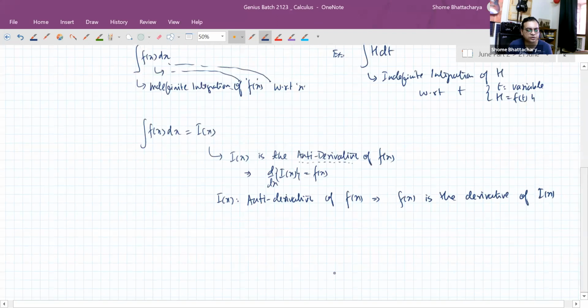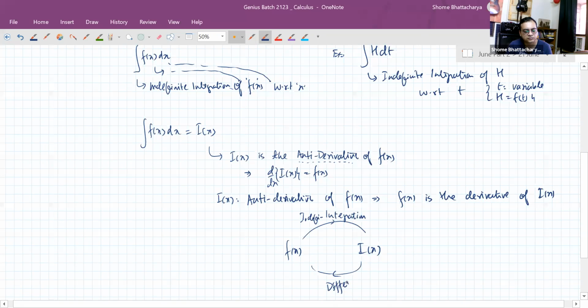So basically, we are talking about two functions which are related in such a way that this is integration, indefinite integration of course, and this is differentiation. That is how the two are linked to each other.